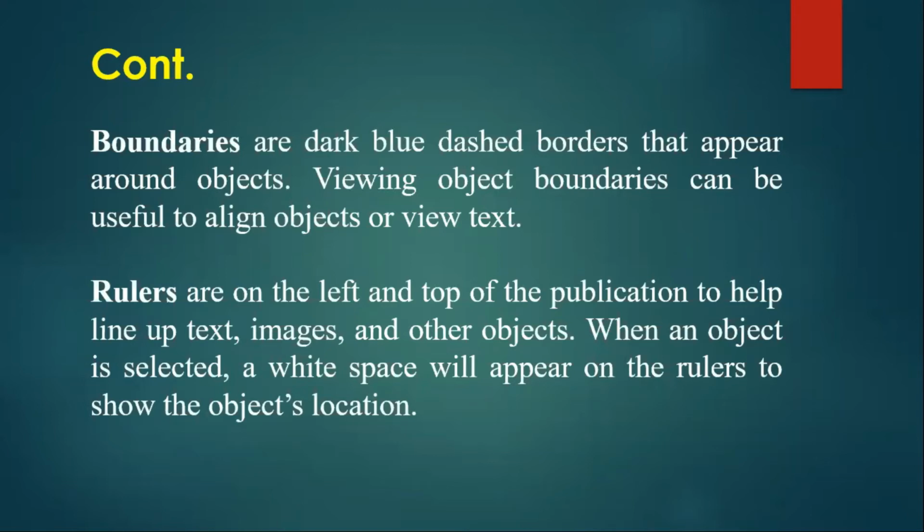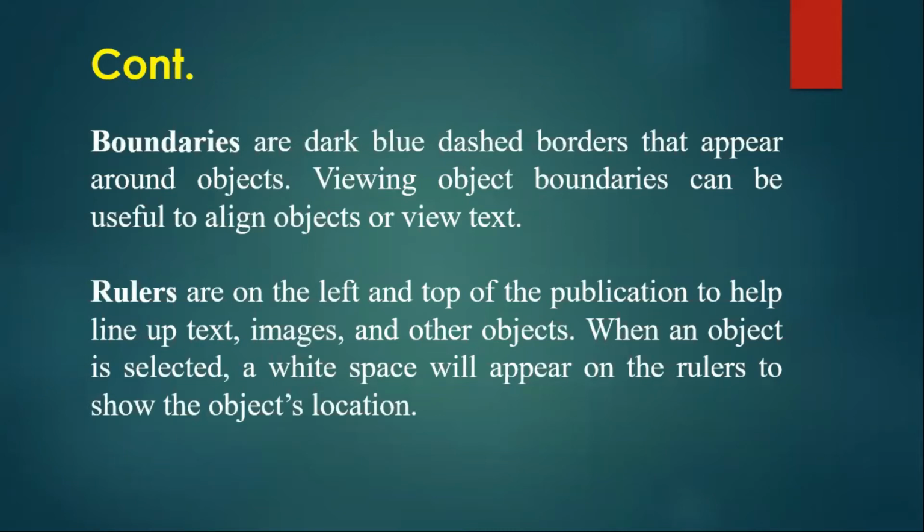When an object is selected, a white space will appear on the rulers to show the object's location. So you already know a ruler. We use the ruler to demarcate or create margins, borders, etc. The same thing applies to Publisher.